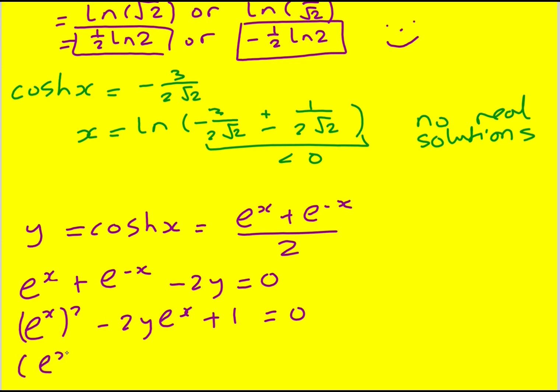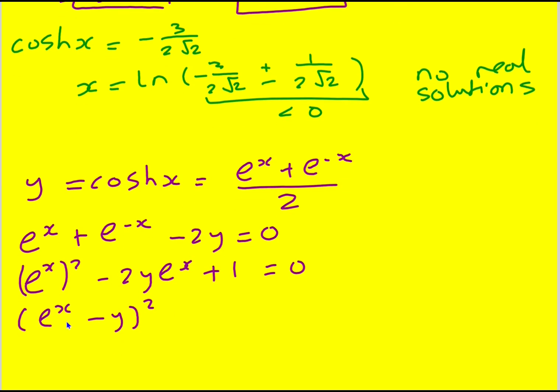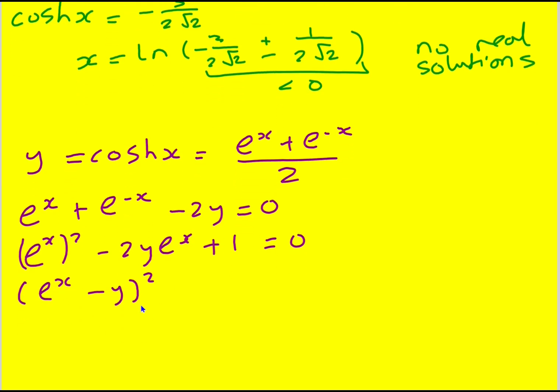A little bit clearer now. I'm going to complete the square. e to the x minus y, squared. That'll get me my e to the x squared. It'll get me minus y e to the x and another one. So I just need to then minus y squared, as you normally do when you're completing the square. You could also use the quadratic formula at this point.